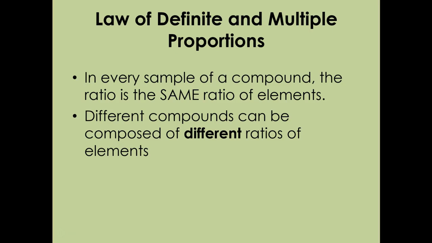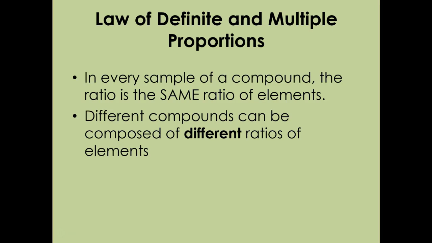So, for example, sodium and chlorine to form sodium chloride will always combine in a 1-to-1 ratio. That's the only way they can do it. Magnesium and chlorine, when they combine to form magnesium chloride, will always form in a ratio of 1 magnesium to 2 chlorines, and that is the only ratio that they can combine in.